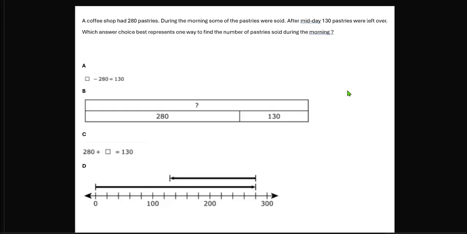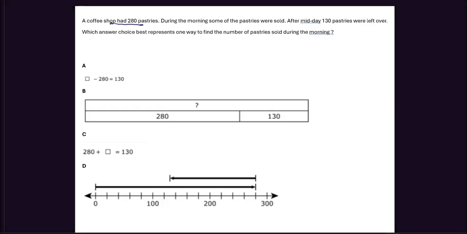A coffee shop has 280 pastries. During the morning, some of the pastries were sold. After midday, 130 pastries were left over. Which answer choice best represents one way to find the number of pastries sold in the morning? Okay. So they had 280 pastries. Some were sold.